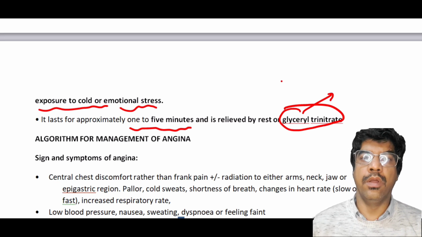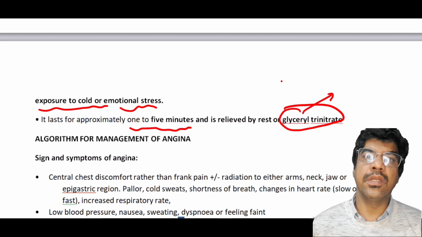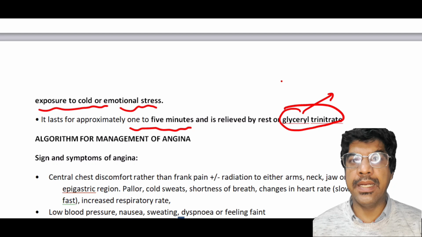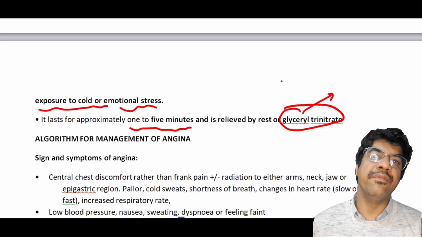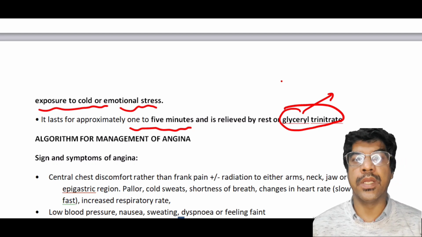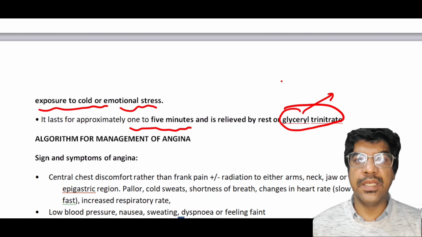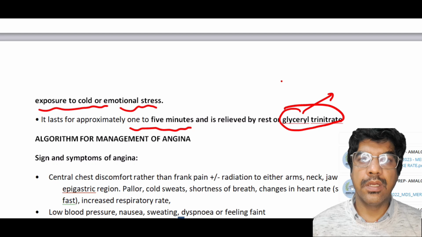Before the dental procedure, you need to collect a detailed medical history, including the information about the patient's cardiovascular health. You should know the severity of the angina, their triggers, etc.